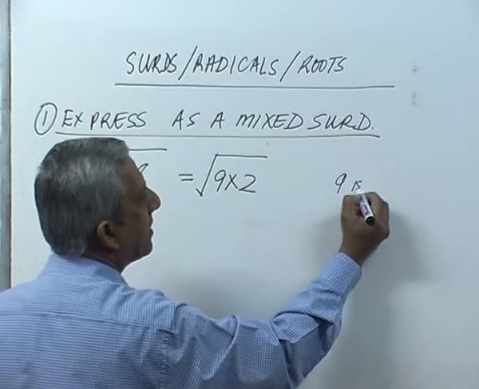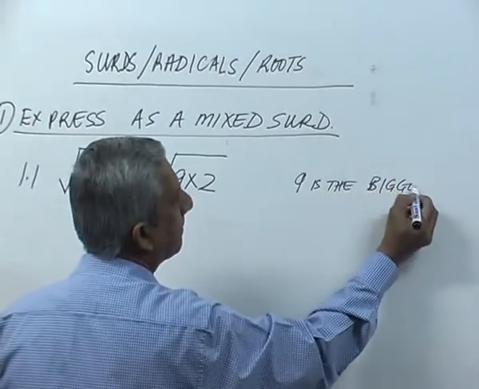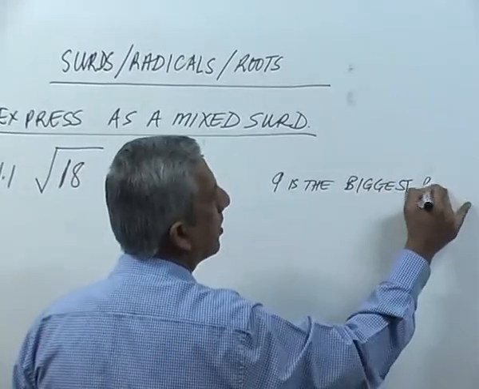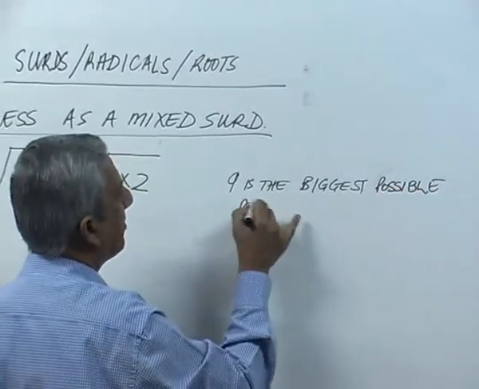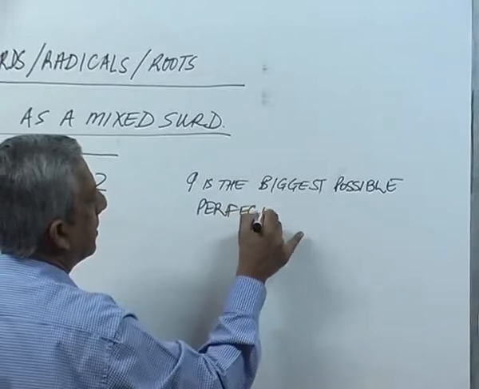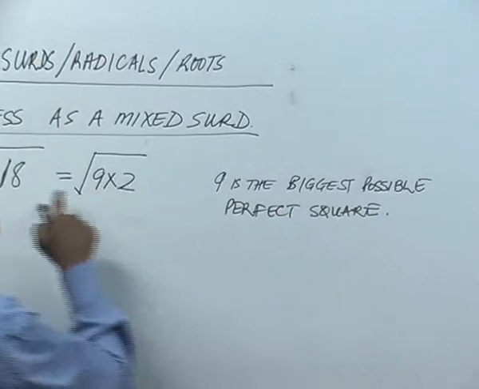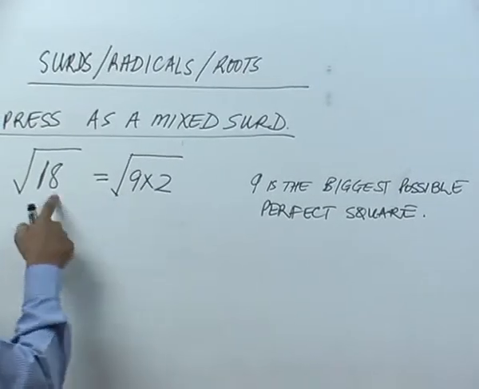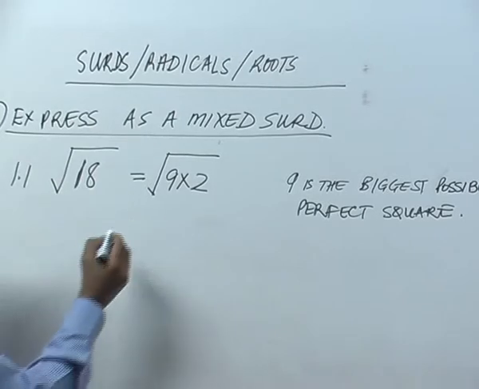So 9 is the biggest possible perfect square. For this example, we're looking at 18 and we're saying that inside 18, when we try to find its factors, 9 times 2, 9 is the biggest possible perfect square.